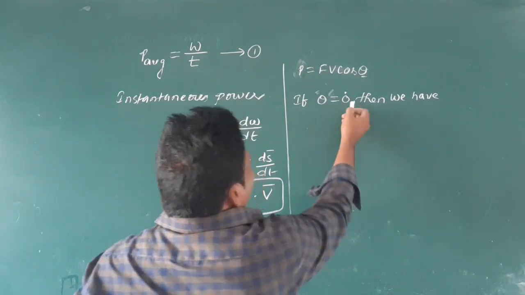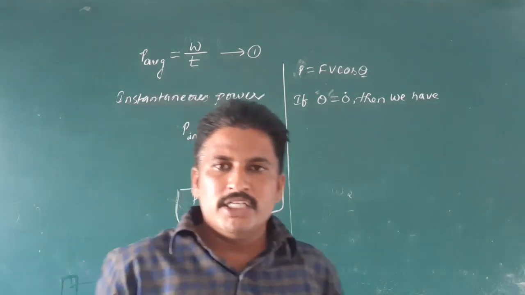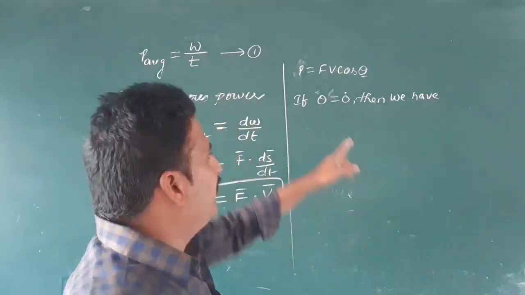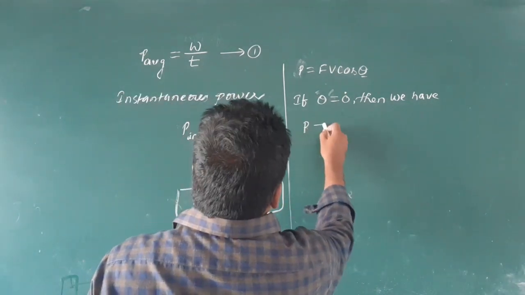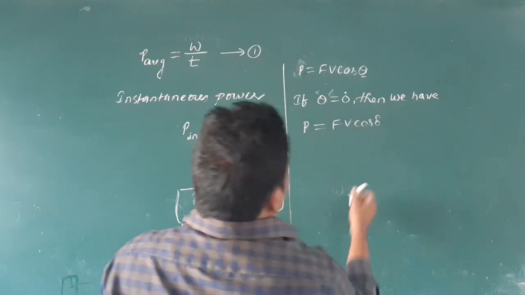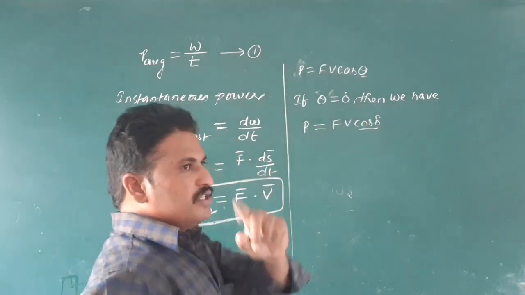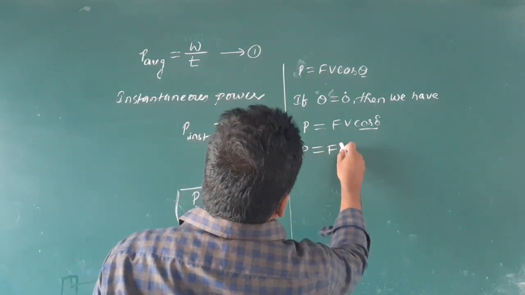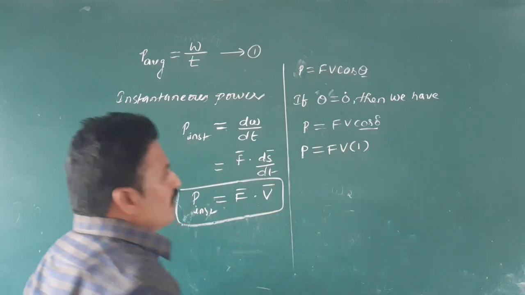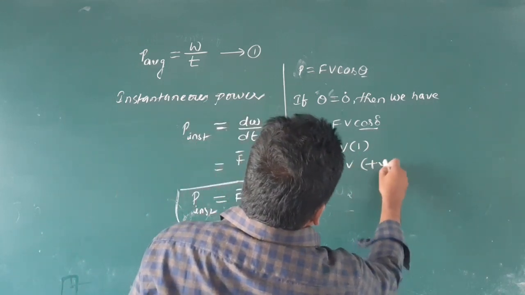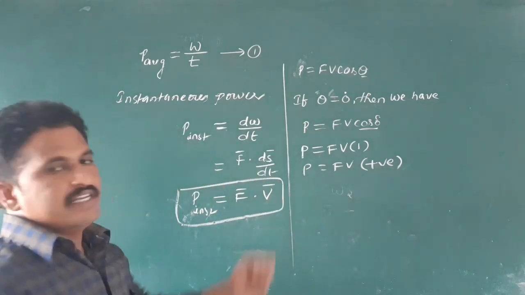If theta is equal to 0 degrees, that means force and velocity are both acting in the same direction. Then we get power P is equal to Fv cos 0. Cos 0 is equal to 1, students. So power P is equal to force into velocity into 1, that is Fv. We get the result positive in this expression.